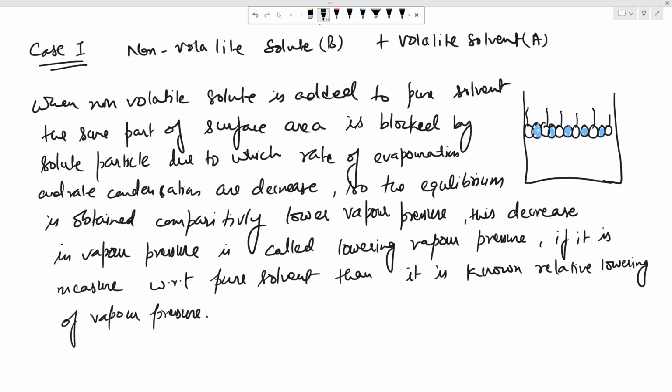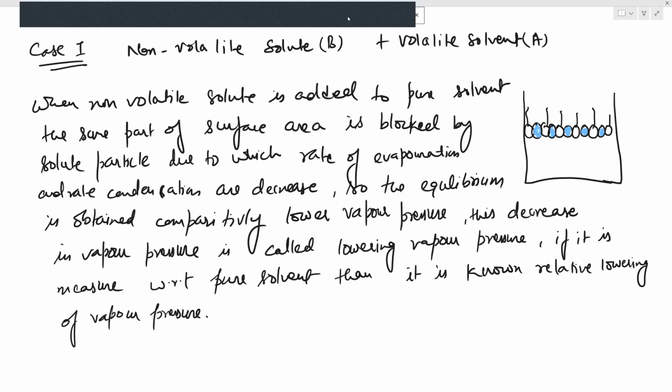The surface area for this one that I'm drawing, for example, the dark blue particles are solute, and the sky blue is for the solvent.